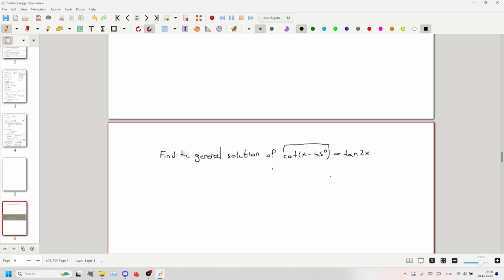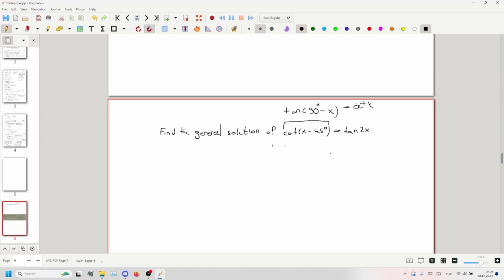Remember that tangent of 90 minus x is equal to the cotangent of x. So I'm just going to subtract this from 90. So what we'll get is 90 minus x plus 45. So we get that the tangent of 135 degrees minus x is equal to the tangent of 2x.